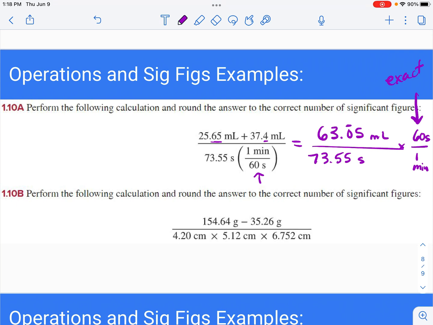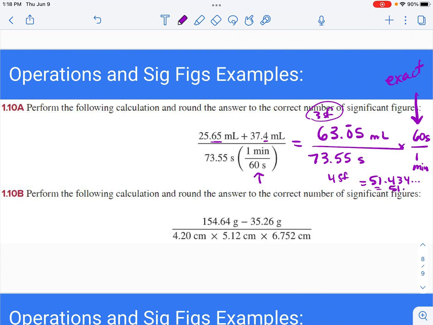So I'm not worried about the sig figs in that, but I am worried about the sig figs when I divide. So I see that 63.05 to the tenth place is only 3, and the bottom 73.55 is 4 sig figs. So I'm going to finally round, when I'm all done with my math, to 3, because it's the fewest.